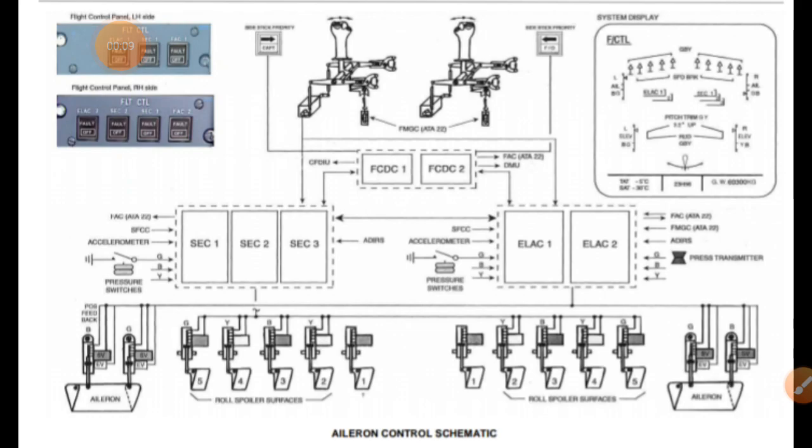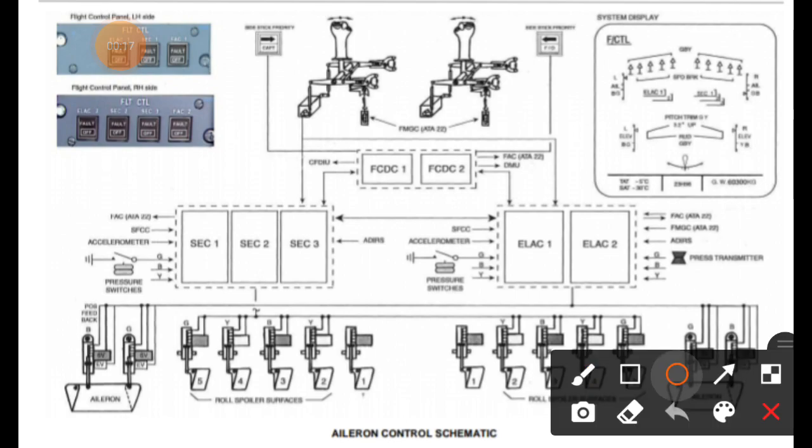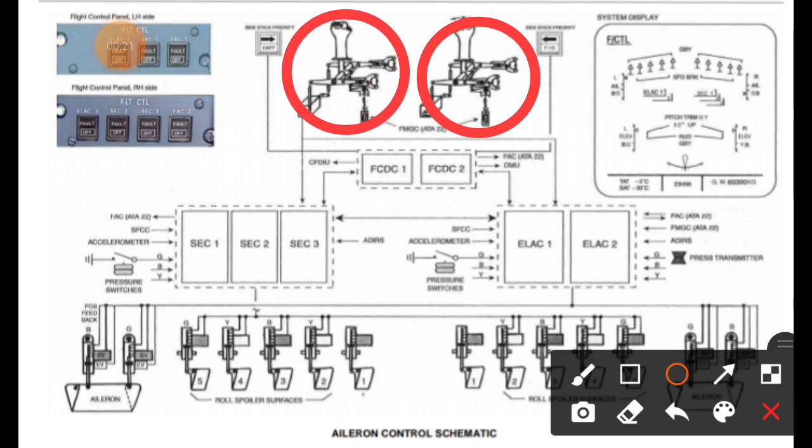So, when we control the aileron without autopilot, it is very simple. For example, you can see here side sticks, two side sticks, one for the captain side, one for the first officer, and these signals go to the ELAC computers and SEC computers.